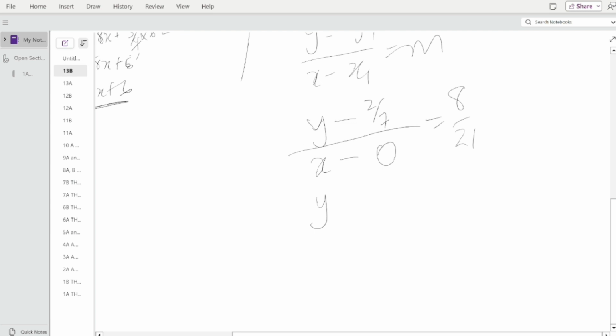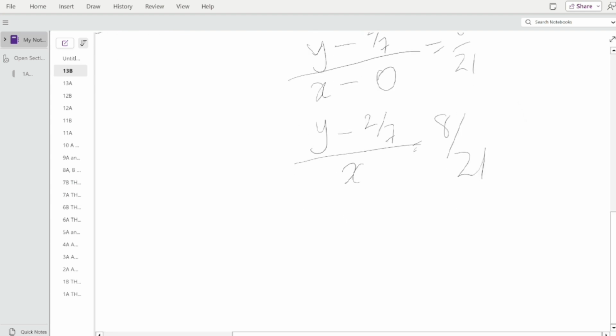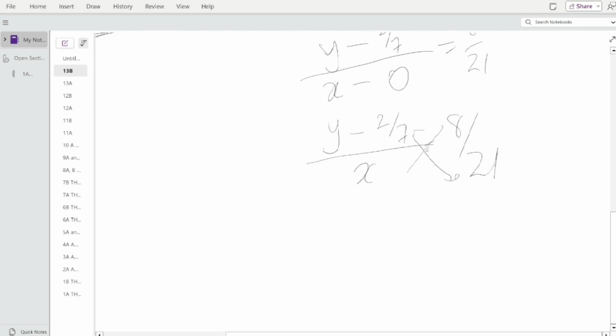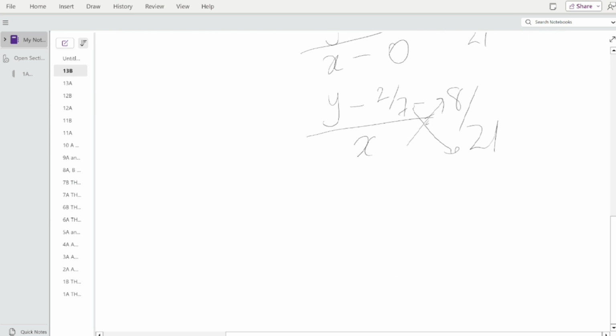Our y minus 2 over 7 over, our x minus 0 is x, like saying 2 minus 0 is 2, so this is actually x, equals 8 over 21. We can cross multiply, that's cross this and multiply, and cross this and multiply. So we can have 21 into open bracket y minus 2 over 7 close bracket equals 8x.